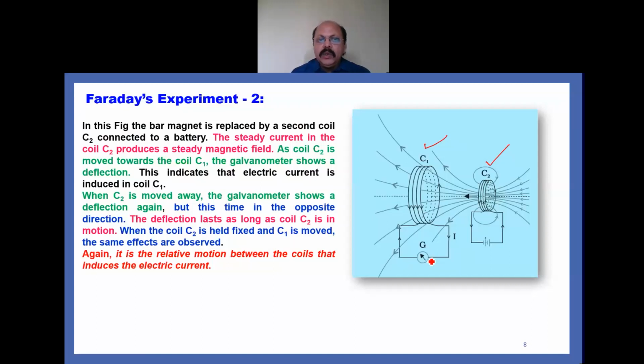When the coil C2 is held stationary or fixed and C1 is moved, then the same type of result is observed. Again, it is the relative motion between the coils that induces the electric current. So this is about Faraday's experiment number 2.